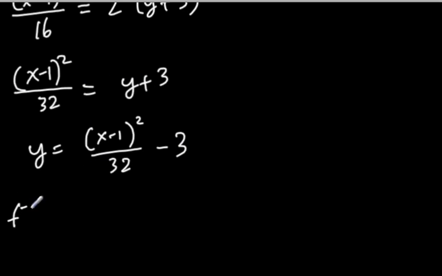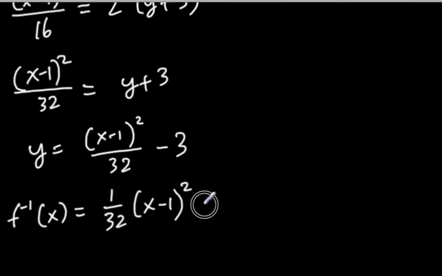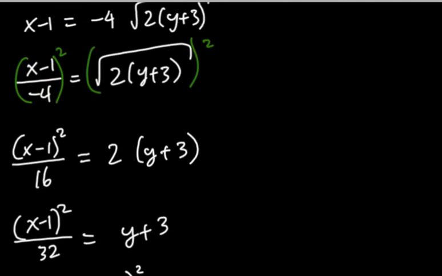And therefore, f inverse, that's f negative 1, is going to be 1 over 32 times x minus 1 squared, minus 3. This is divided by 32, which is the same thing as saying 1 over 32. So really, this is my vertical stretch. We're moving it to the right by 1 and down 3. And this looks like a parabola right here. And this is not complete because, well, we'll see that in a second why.